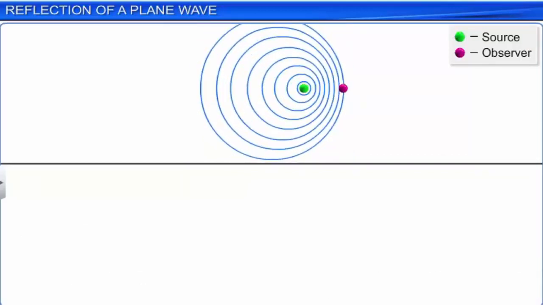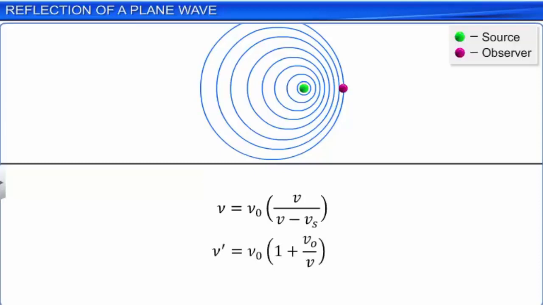Then, for the Doppler effect for sound waves, we have nu = nu0 (1 - Vs/V), and nu' = nu0 (1 + Vo/V). Let them be equations 1 and 2.